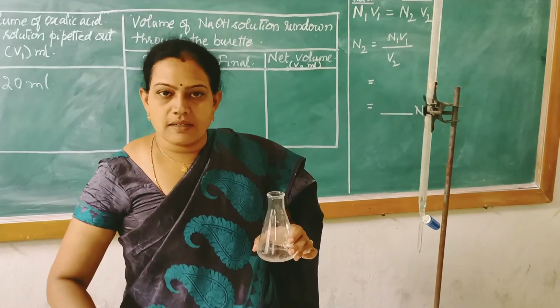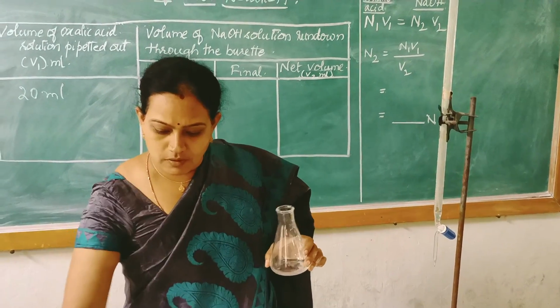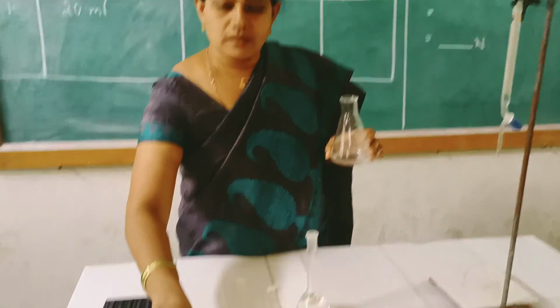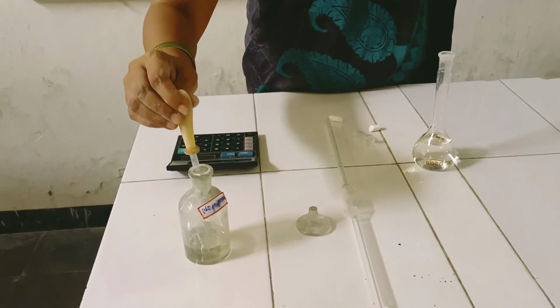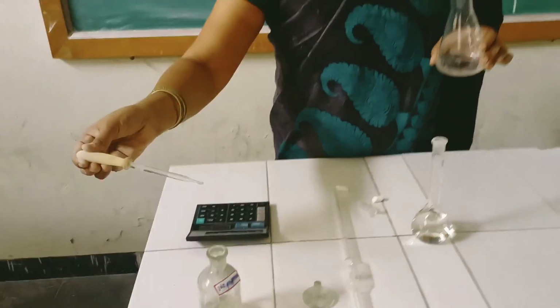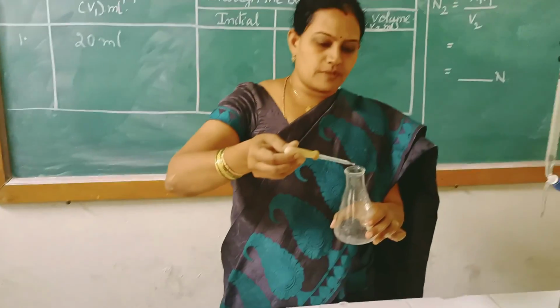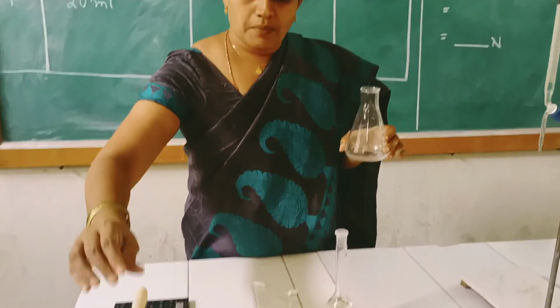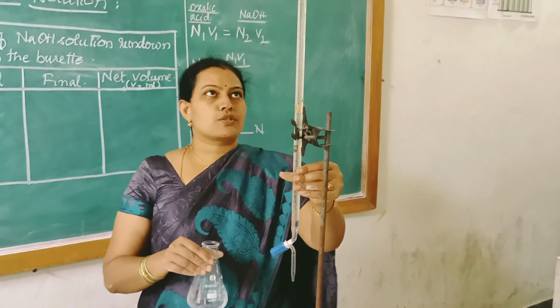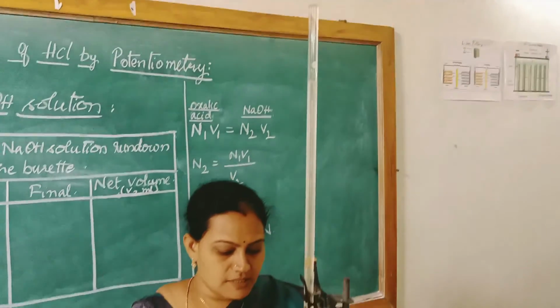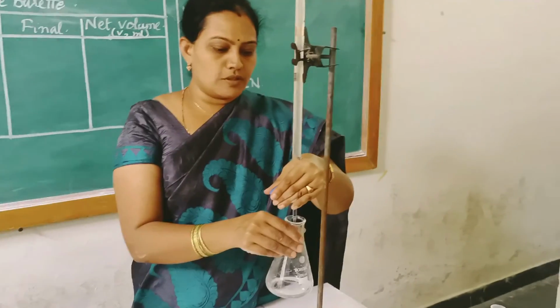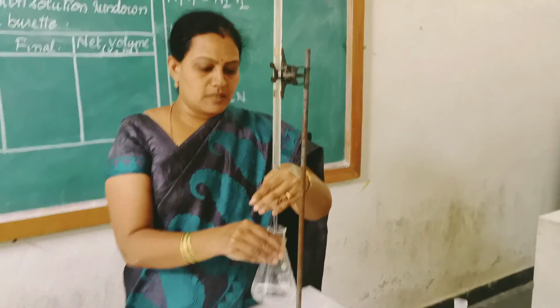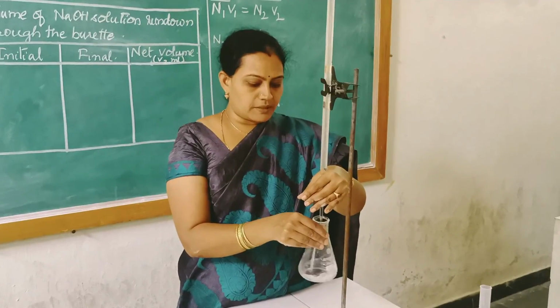Now during standardization of sodium hydroxide, we are using the indicator phenolphthalein. I am going to add just about 2 to 3 drops of indicator, and then this burette is filled with sodium hydroxide. Now I titrate it against the solution of sodium hydroxide till the color changes to pale pink.